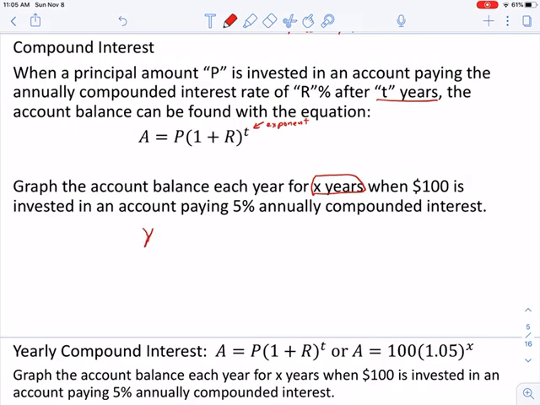So A, or Y, is the account balance. We're depositing $100. Now we have this 1 plus R. R is still 5%, so 0.05 in parentheses to the T power, or to the X power.